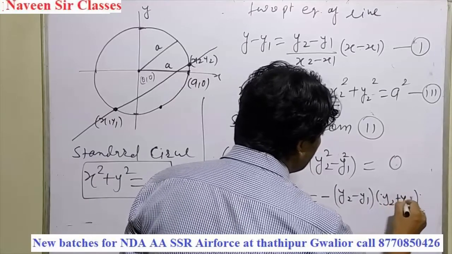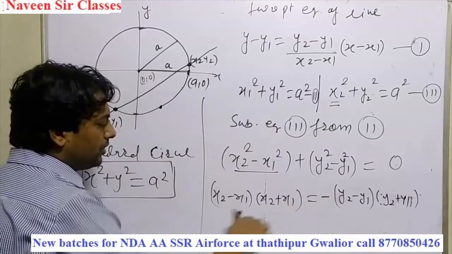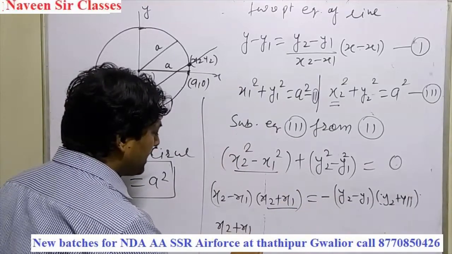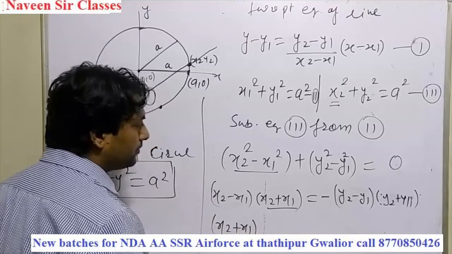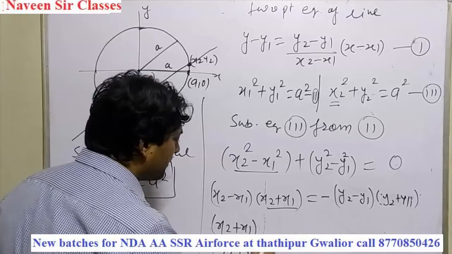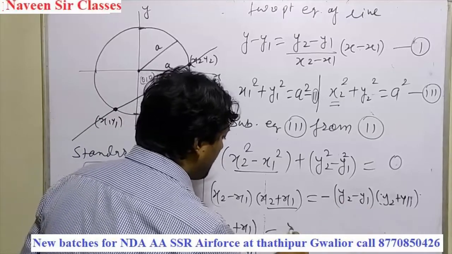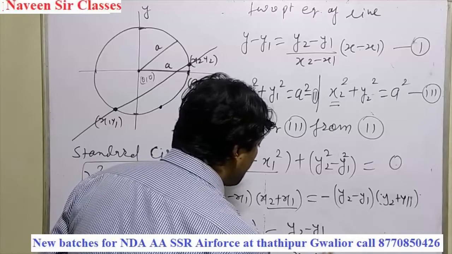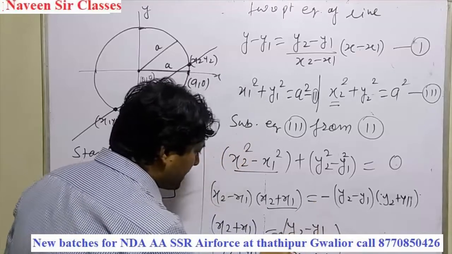y2 plus y1. From here we will get x2 plus x1 upon y2 plus y1 equal to y2 minus y1 and x2 minus x1 with minus.